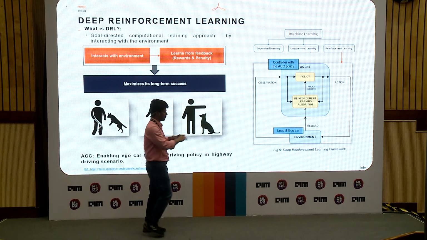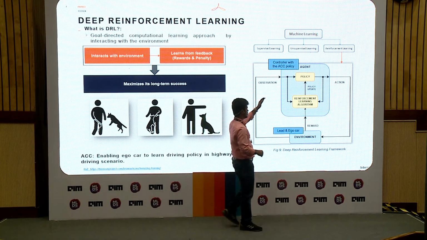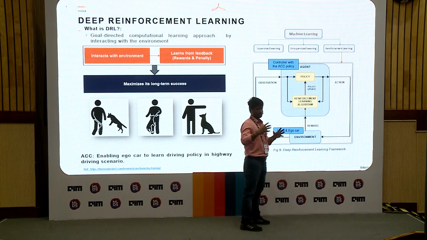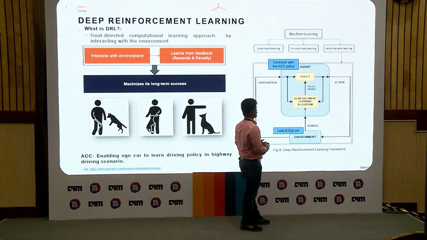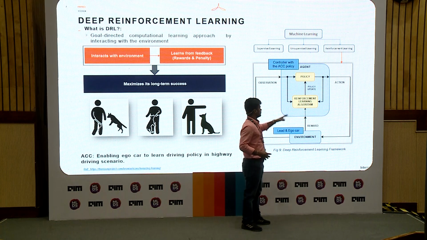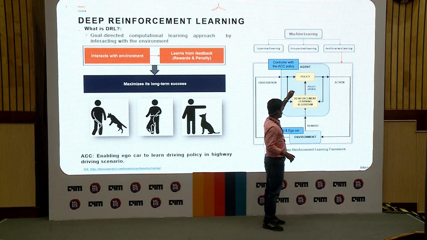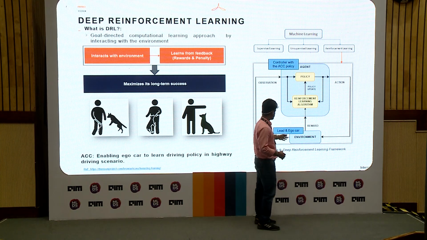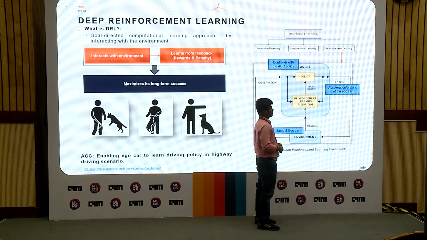Looking at the architecture, we have the agent, which includes the policy, which is the actual mapping between observations and actions. Next we have a reinforcement learning algorithm, which enables the optimization of the policy based on the rewards you get. The environment consists of the lead car, the ego car, and all the disturbances.